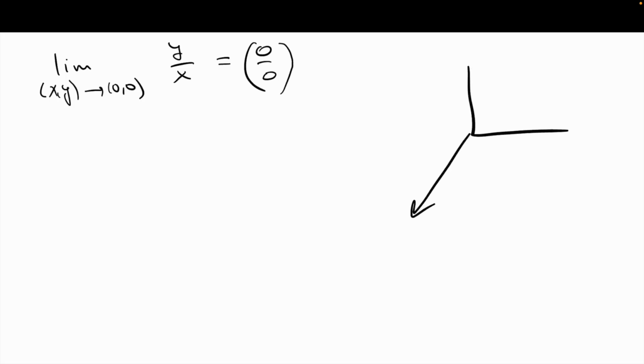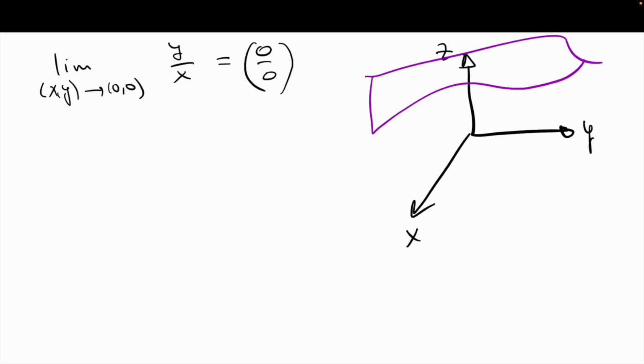Well, if you remember the system of references that we drew before, if we have a surface here and we are trying to calculate the limit at a certain particular point. In one variable, we have to prove that the limit from the left and from the right coincide.